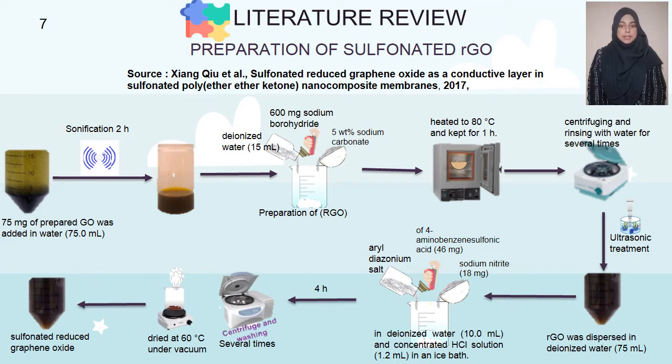To prepare the reduced graphene oxide, 600 mg sodium borohydride in 50 ml deionized water was added into the solution, and the mixture was then heated to 80 degrees Celsius and kept for 1 hour.